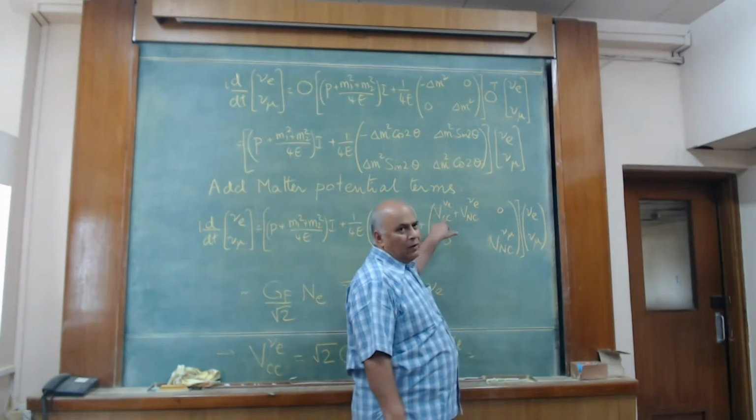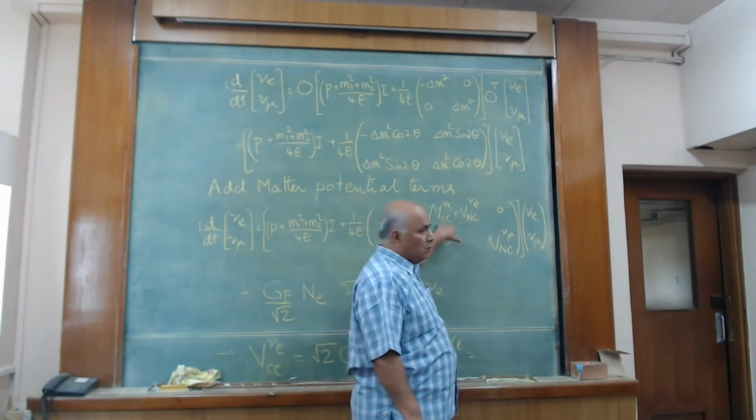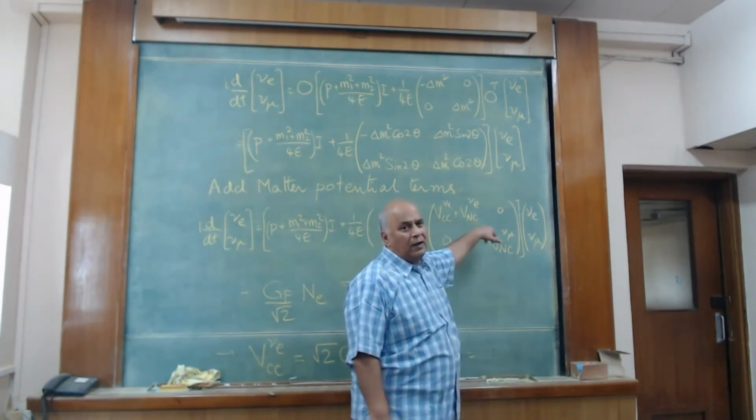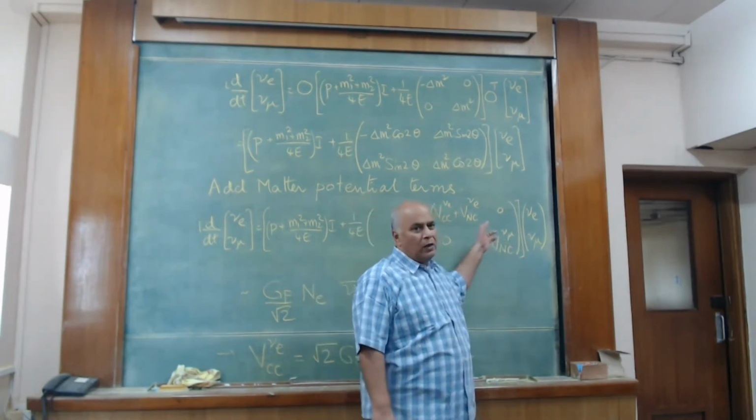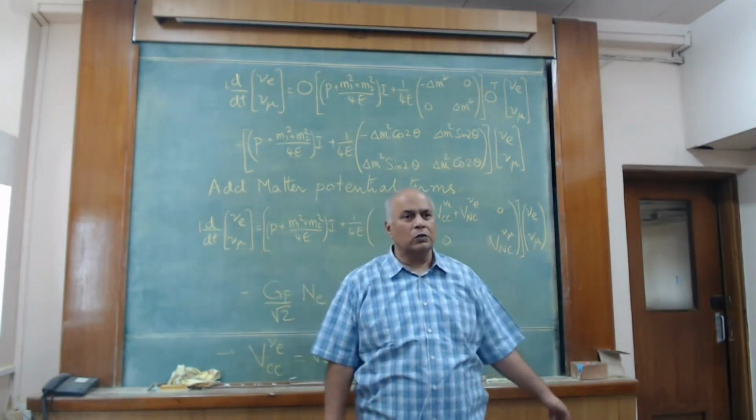In the case of electron, I put two terms, the charge current potential and the neutral current potential. Whereas in the case of muon, I put only the neutral current potential.